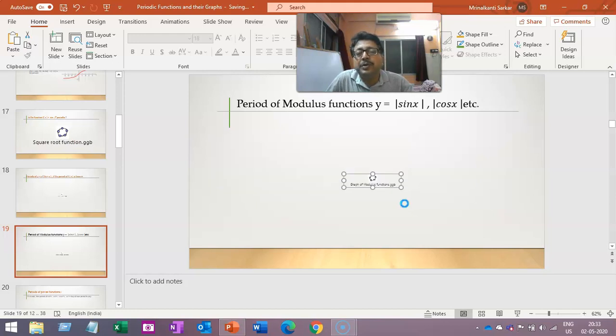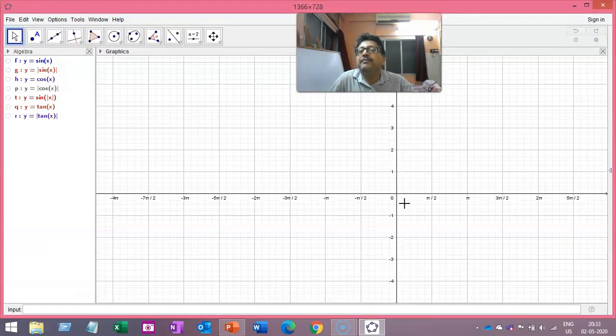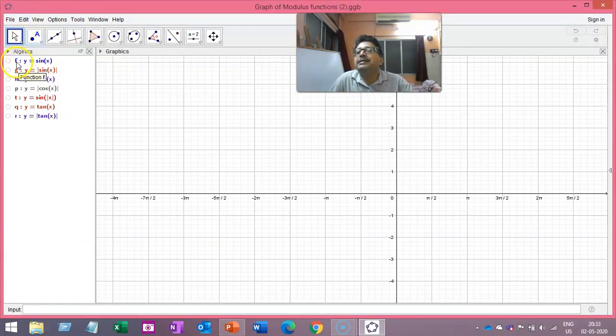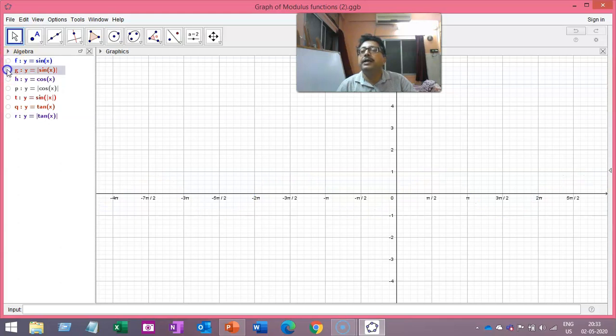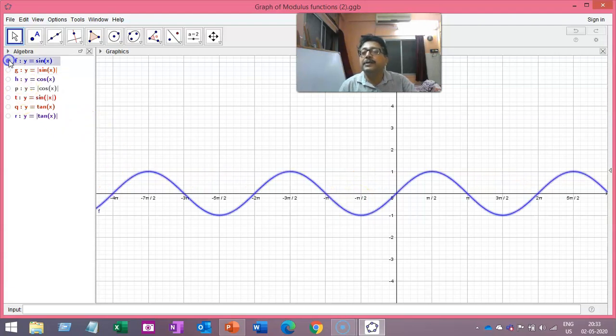I am going to show you the graph. See the sin x function. Now I am going to plot mod sin x. What is the period here? In what interval is the graph repeated? I am telling you once more, the period of sin x is 2 pi.